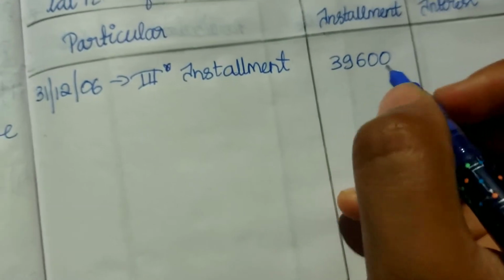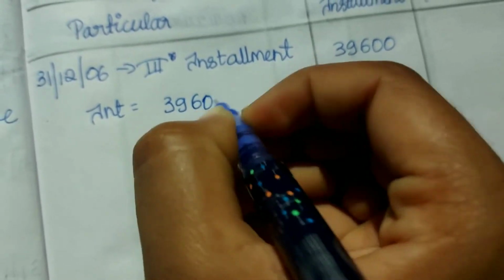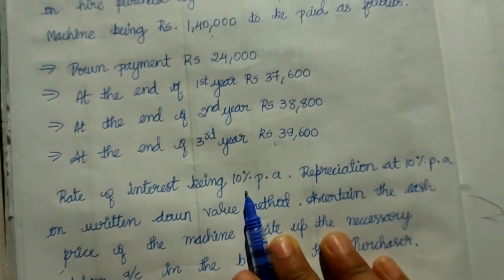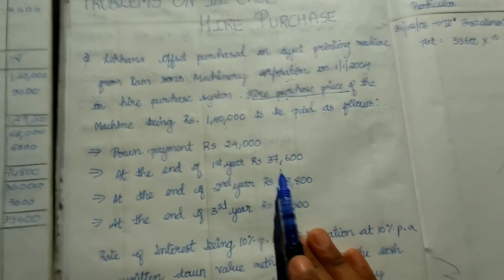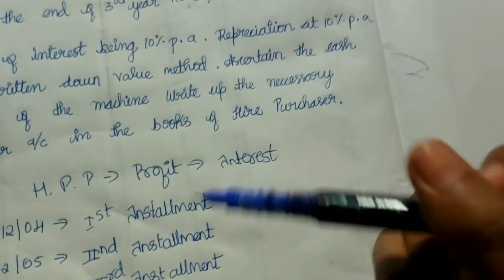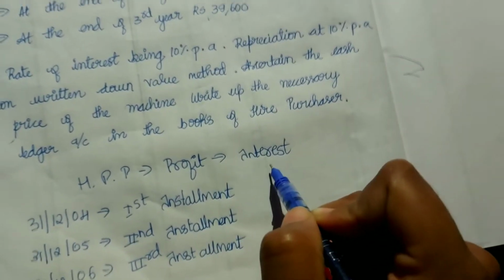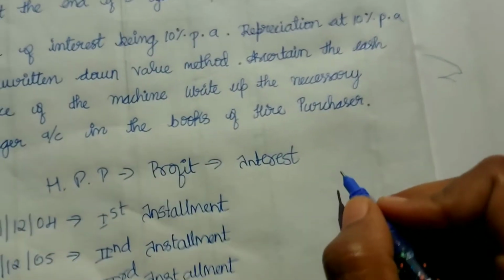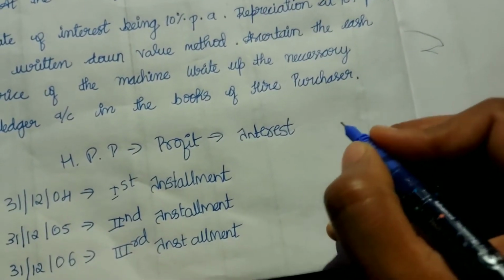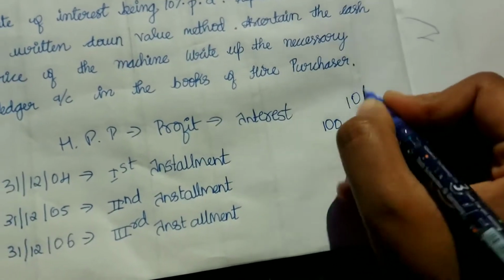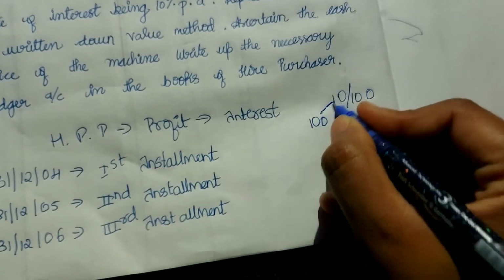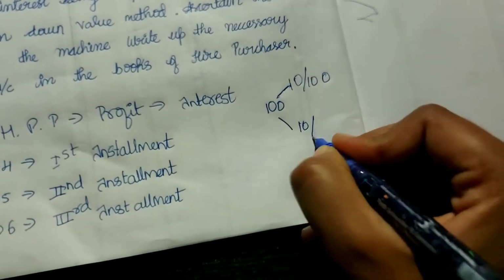Now you calculate interest on it. Interest is equal to 39,600 into 10. They have given you interest of 10% per annum. But this price is also a hire purchase price, which includes the profit, that means the interest. So if you want to calculate the interest on a price which already includes the interest, you would not take 10 divided by 100; in this case you have to take 10 divided by 110.